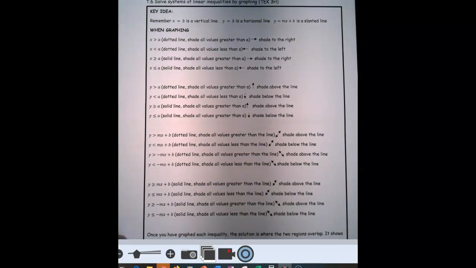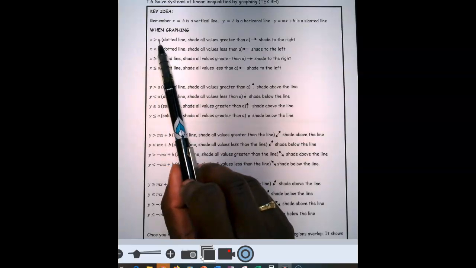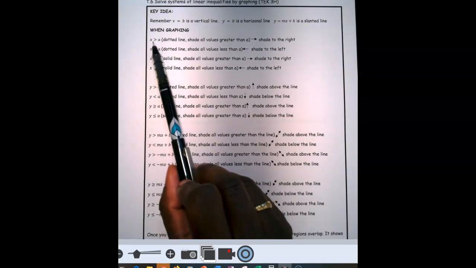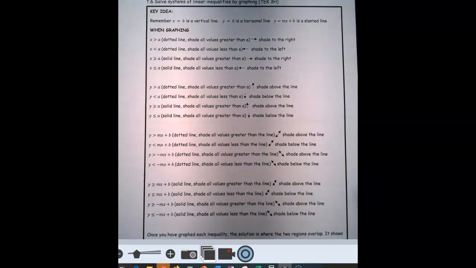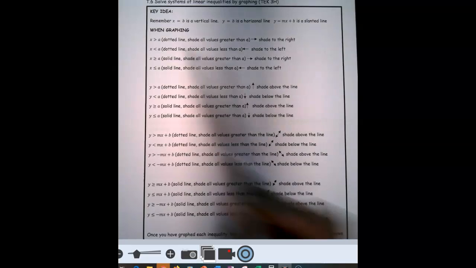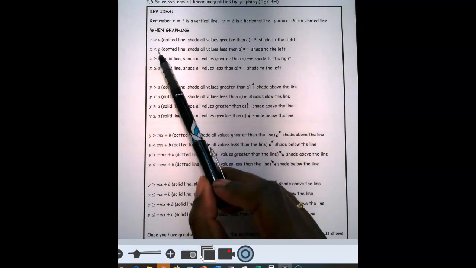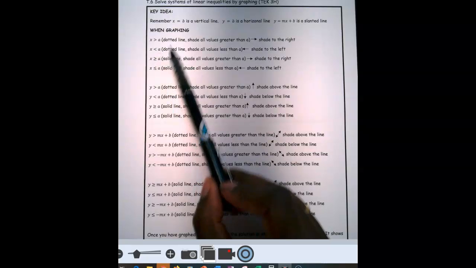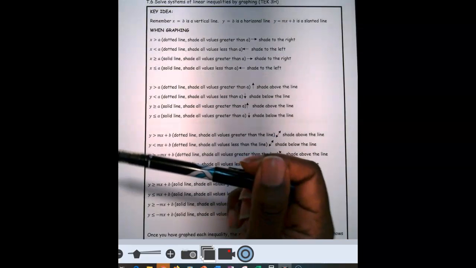Now the other things that I want you to remember, we're going to run through pretty quickly because I want to go ahead and graph so that you can see what it looks like. When you're graphing and x is greater than some value, that means that all of your shading will be to the right of that line. You'll see what I mean in just a moment. If x is less than a value, then you're going to draw your line, which is going to be dotted, and you're going to shade to the left of that line.